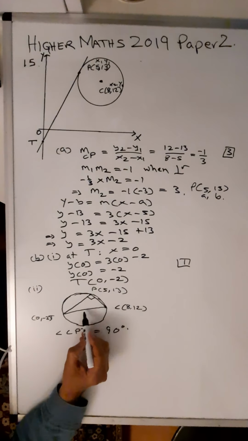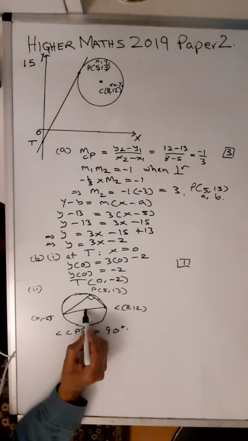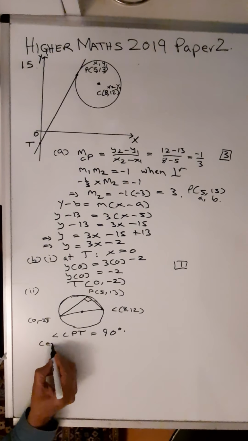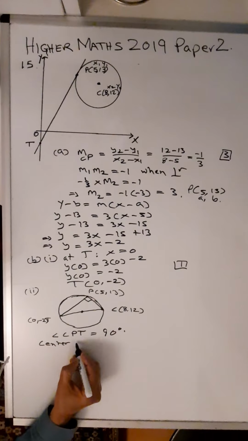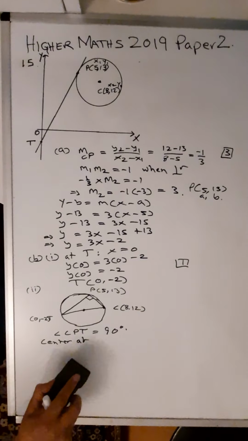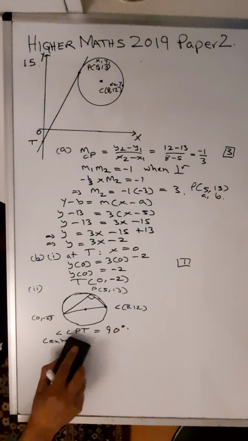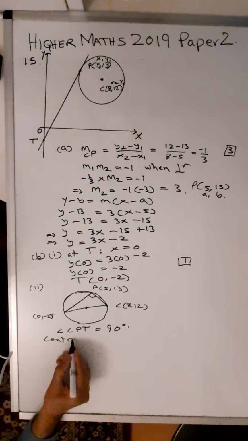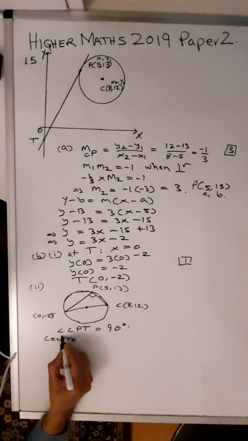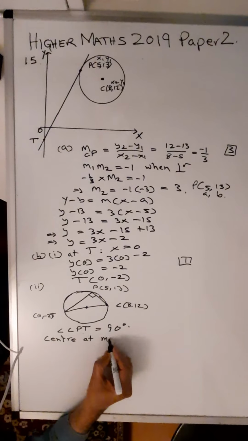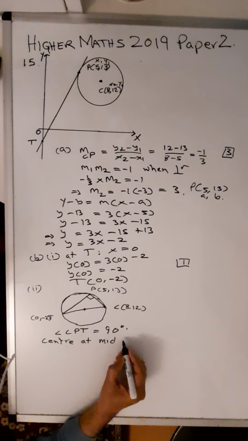The center of the circle would be the midpoint of this diameter. Center, C-E-N-T-R-E, at midpoint CT.